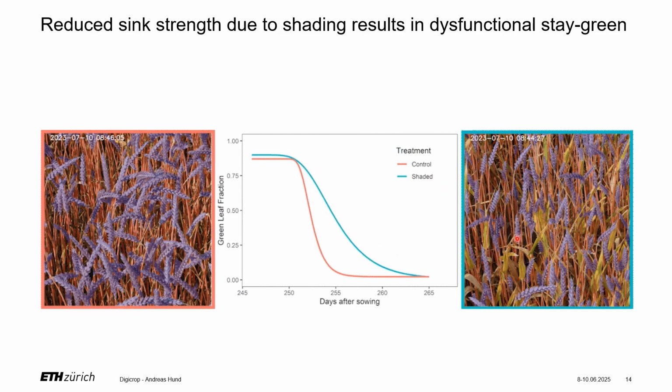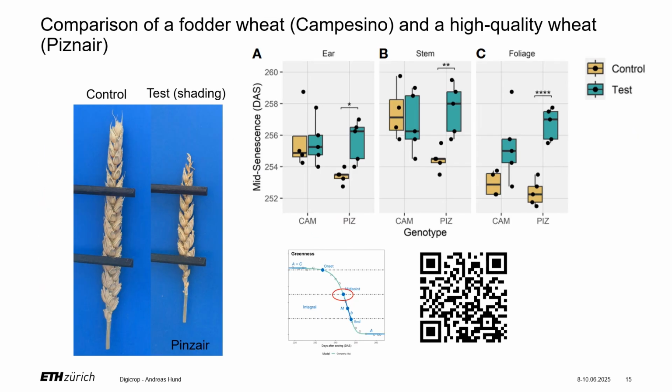Even with the large images which we took, some leaves were still green. That means what you can see here is that apparently under shading treatment, when these ears were small, the plant apparently did not know what to do with the nitrogen which was left in the leaves. That's my interpretation of the story, and where to put that. So it was kind of having a delayed senescence.